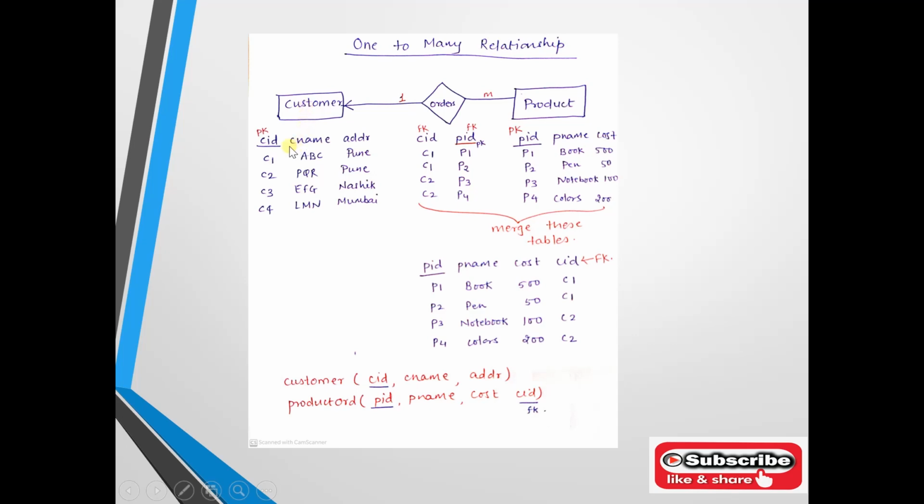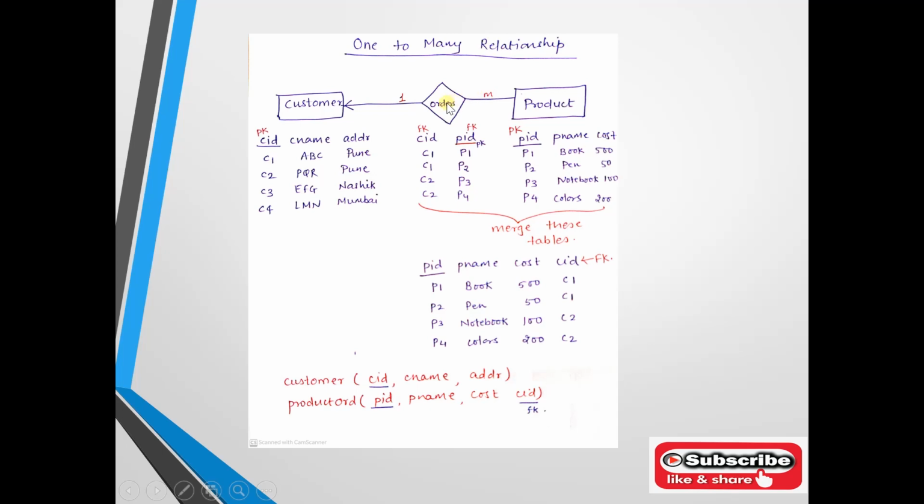Customer is having three attributes: CID, CNAME, and address. Product is having three attributes: PID, product ID, product name, PNAME, and cost. So that is okay. All these two entity sets, customer and products, they are having their attributes, so we can convert it into tables. But what about orders? Orders is our relationship which has one to many mapping cardinality.